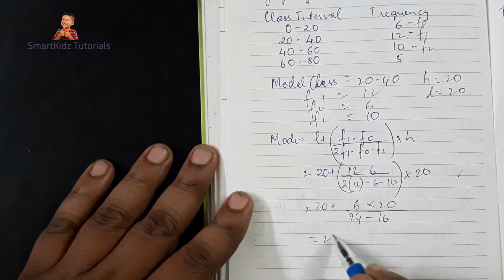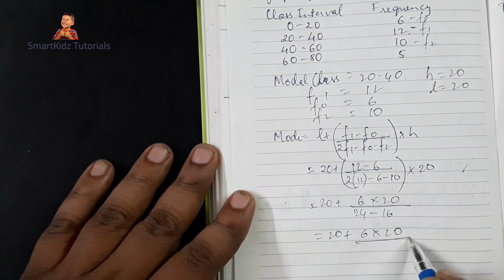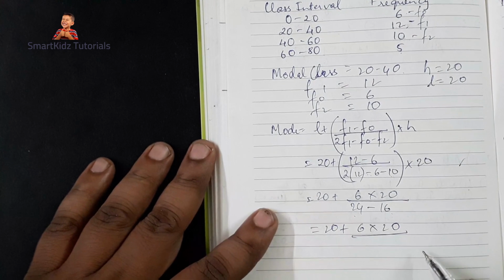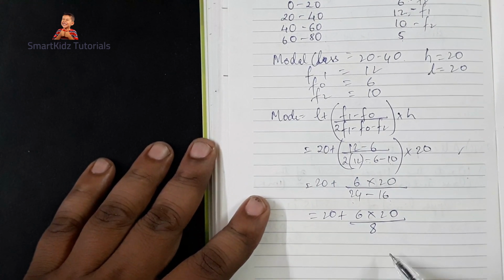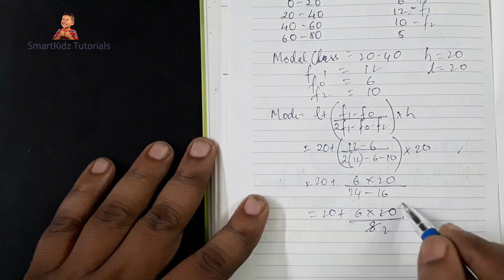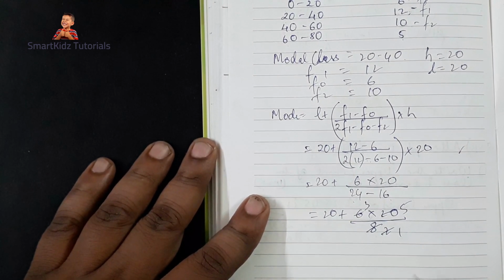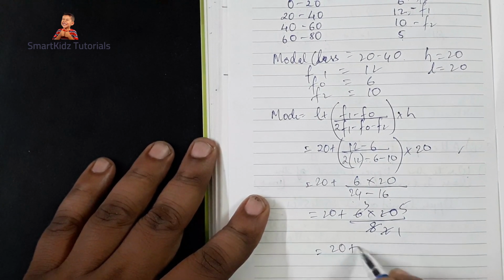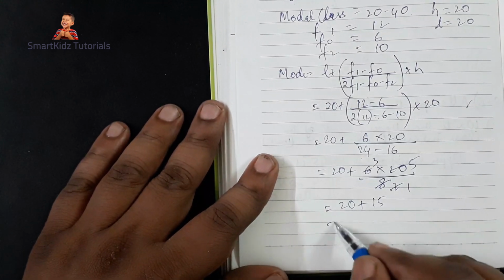Then next 20 plus, I'll continue keeping 6 into 20, 24 minus 16 gives us 8. Okay, so we put 4 2s are 8, 4 5s are 20, 2 1s are 2, 2 3s are 6, and 20 plus 3 into 5 is 15. So 20 plus 15 we get as 35.